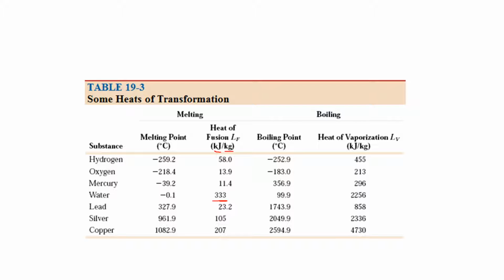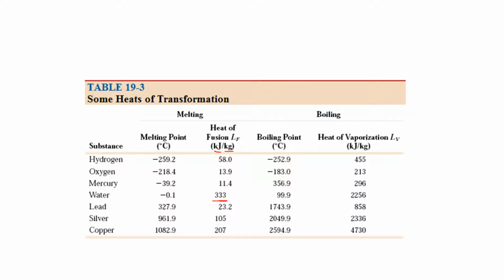I emphasize that point because specific heat tables are usually given in terms of joules per kilogram, or joules per gram, or calories per gram. So the order of magnitude of these numbers is much larger. It takes a much larger amount of heat to convert solid ice into liquid water than it does to heat the water or heat the ice beforehand or afterward.